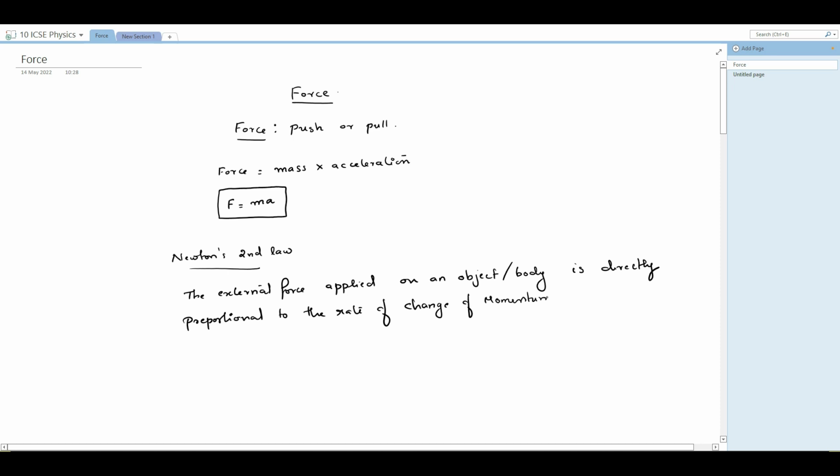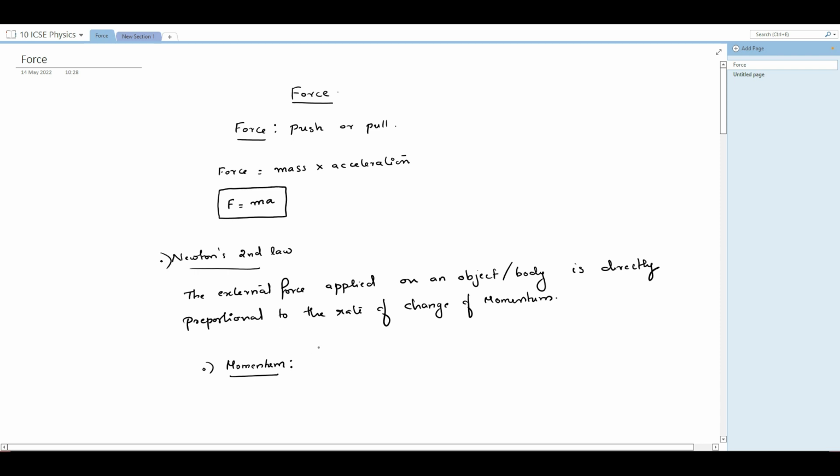So, first of all, what is momentum? Momentum we learned previously. Let's just go into it.